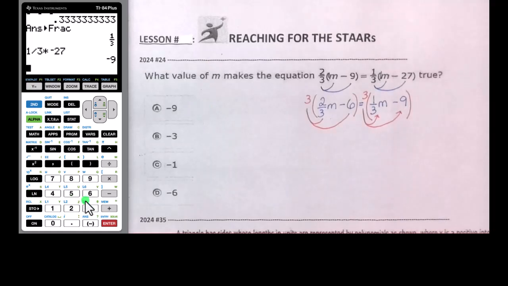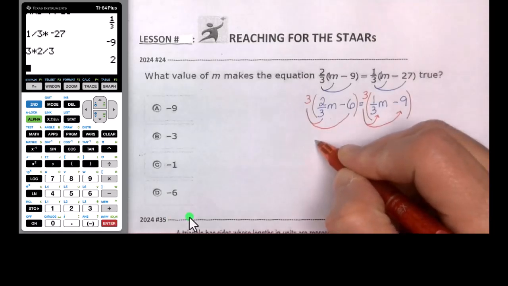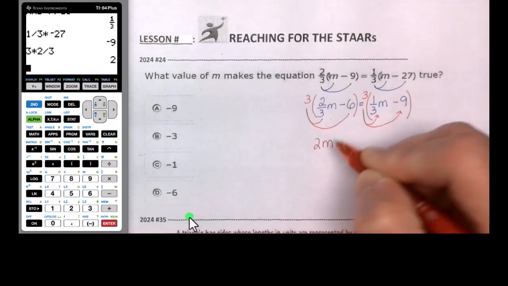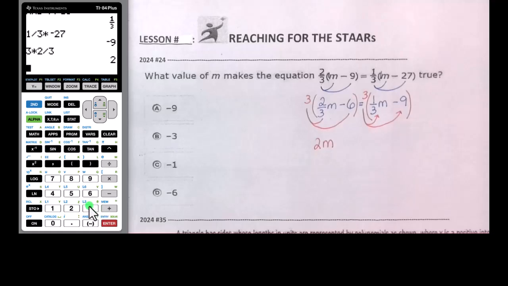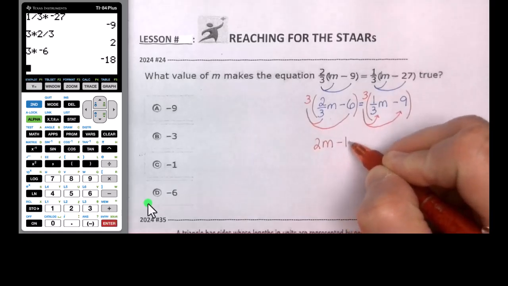So we're going to multiply. So let's see, 3 times 2 divided by 3, I get 2m. Then I'm going to do 3 times -6. Press enter, I get -18.